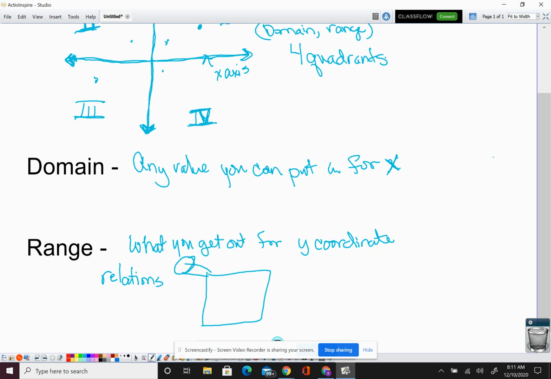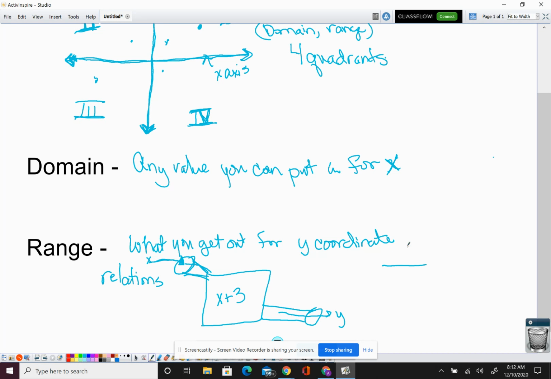I'm going to put something into my machine here. I'm going to put a value in, an x value in. That's why I say what you can put in for x. Whatever you can put into this machine does a process. In this case, it's going to be that we're going to add 3 onto the x. And what we get out of that machine is the y value.